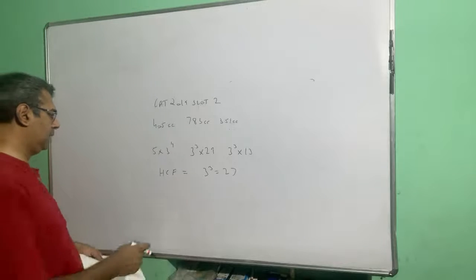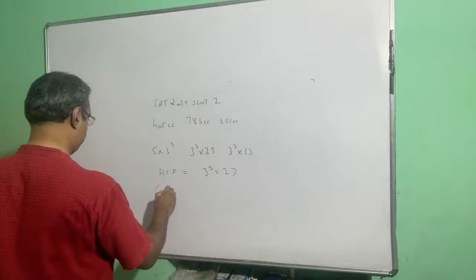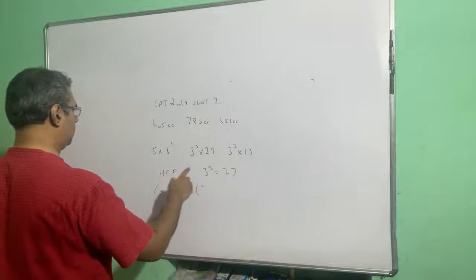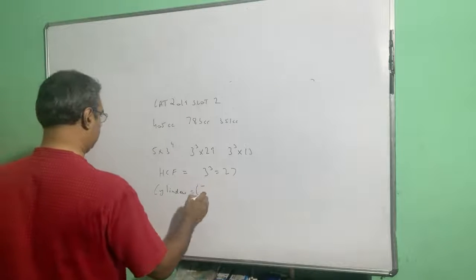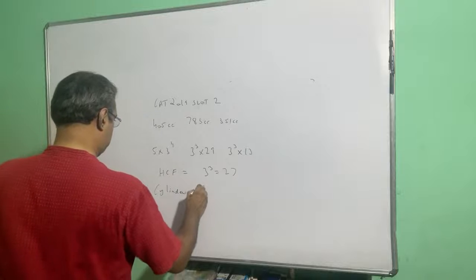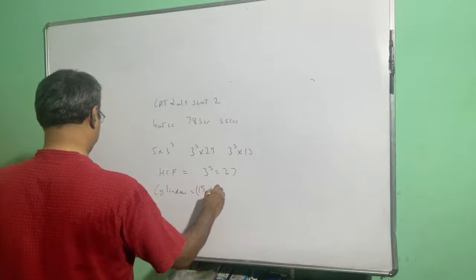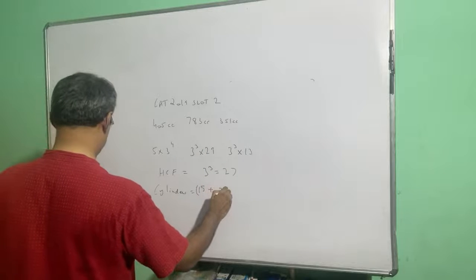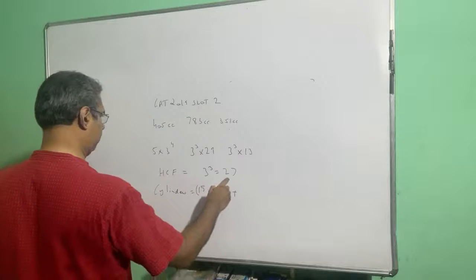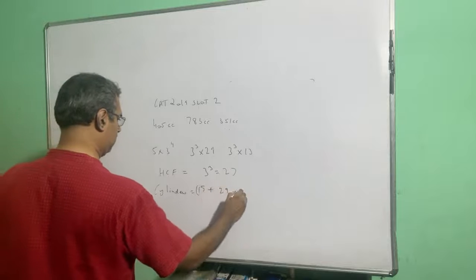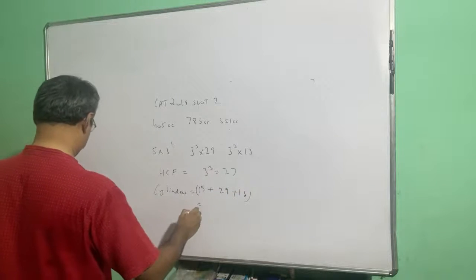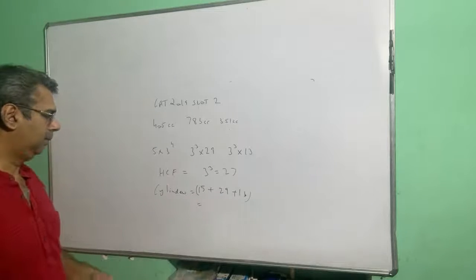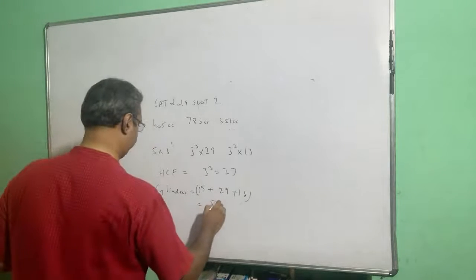And how many cylinders will be there? If you divide 405 by 27, you will get 15. If you divide 783 by 27, you will get 29. If you divide 351 by 27, you will get 13. So the number of cylinders will be 15 plus 29 plus 13, which is 57, right?